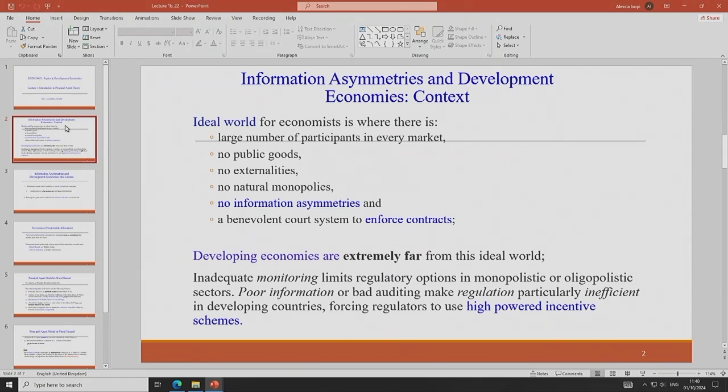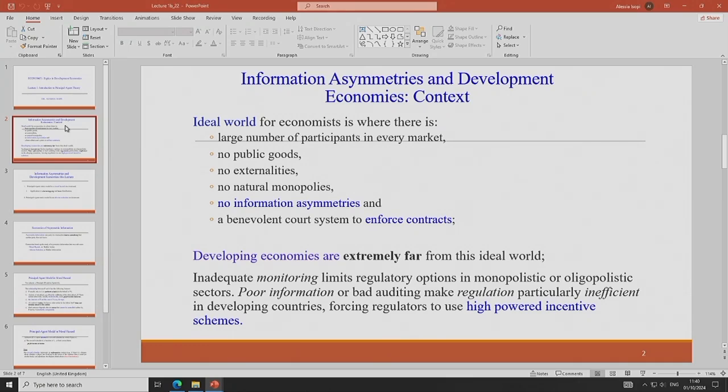So, as I said to you before, in an ideal world, we will be looking at a large number of participants in every market, no public goods, no externalities, no natural monopolies, and no information asymmetries.